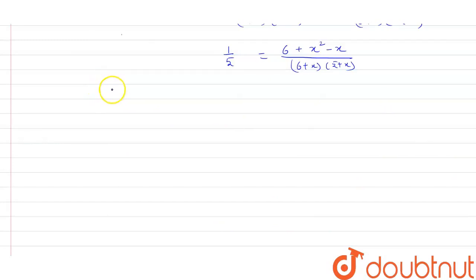Alright, so after this we'll be getting 5 into X squared minus X is equal to 6 plus X into 5 plus X.